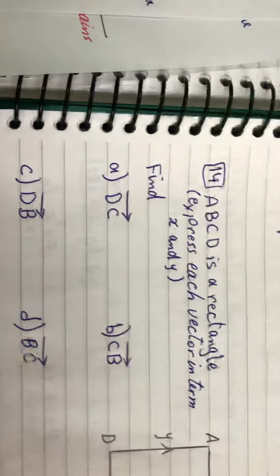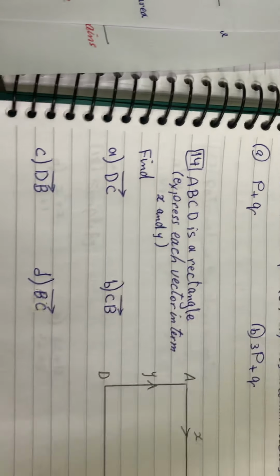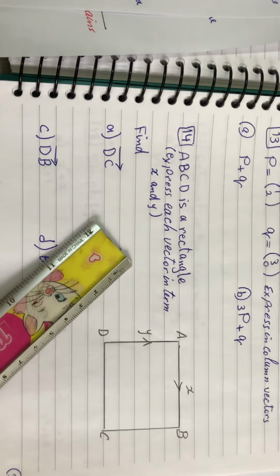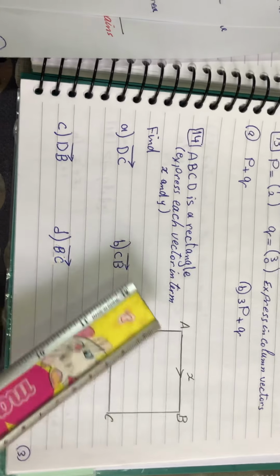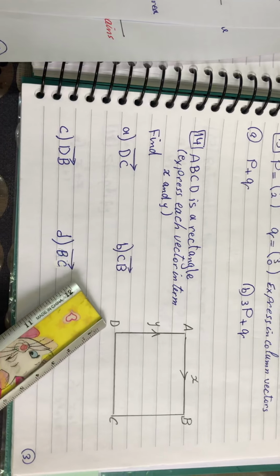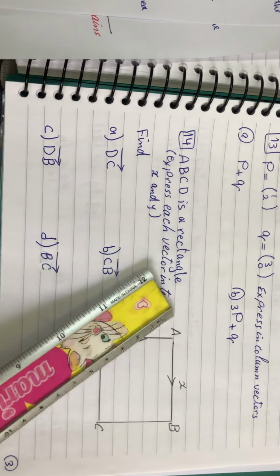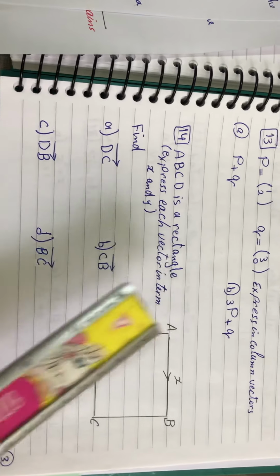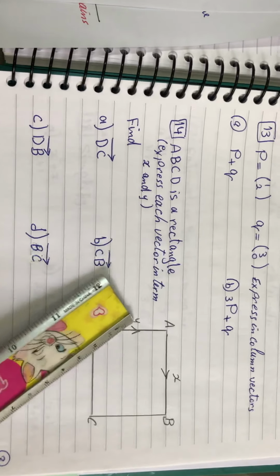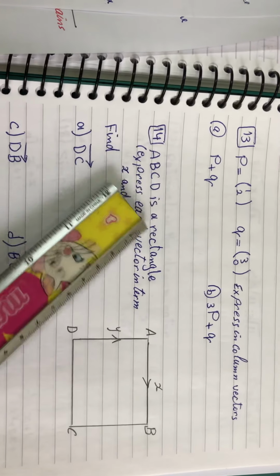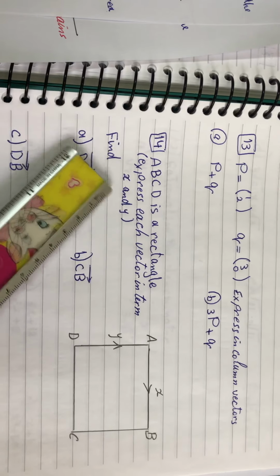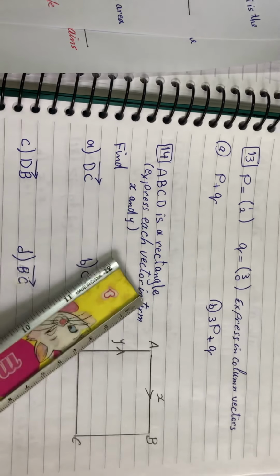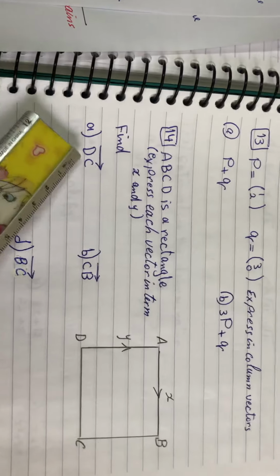In question number 14, we have ABCD is a rectangle. AB is represented as vector X, and DA in this direction is represented as Y. Express each vector in terms of X and Y. I want DC.